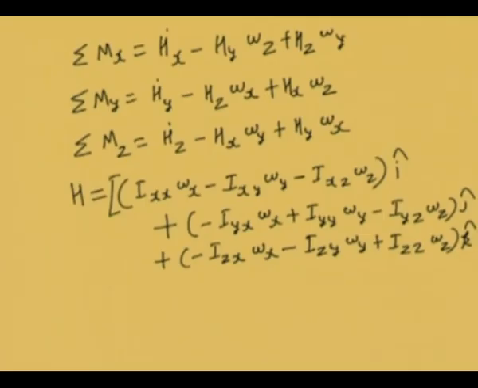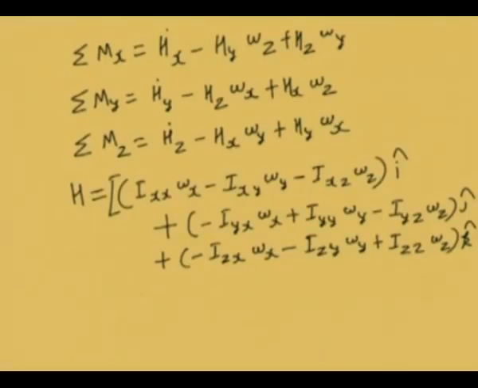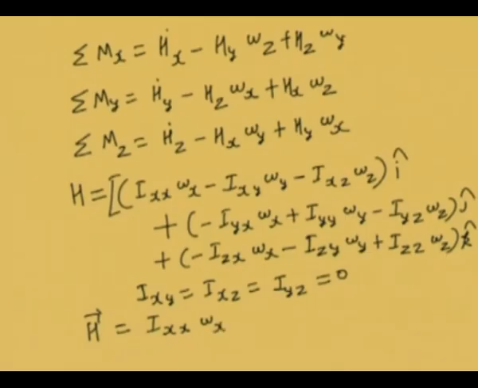Now if the x, y, z axes chosen are the principal axes, then Ixy is equal to Ixz is equal to Iyz is equal to 0. Thus H simply becomes Ixx omega x i plus Iyy omega y j plus Izz omega z k.